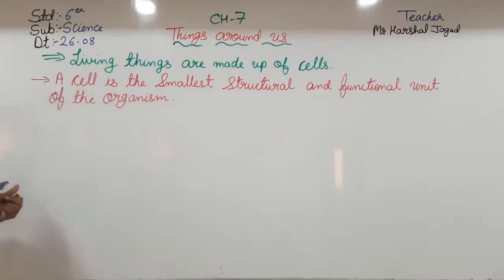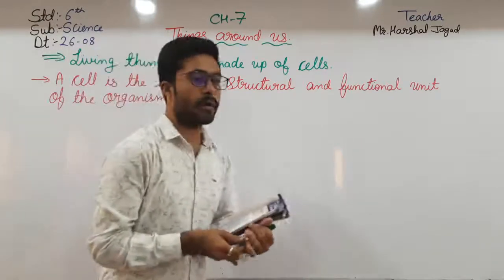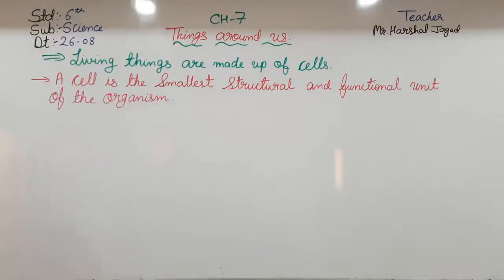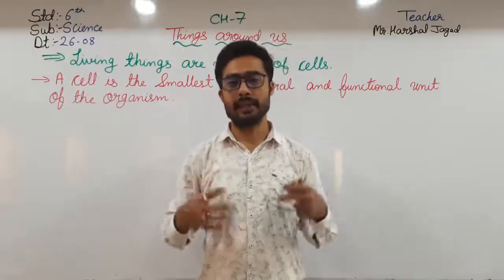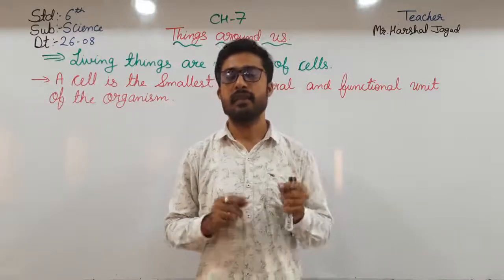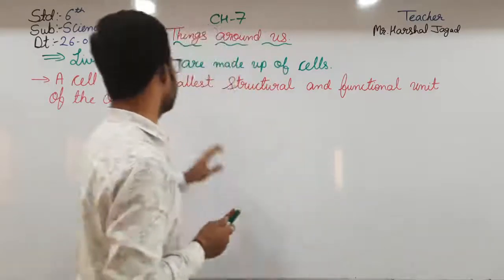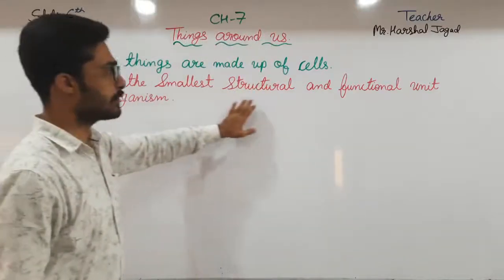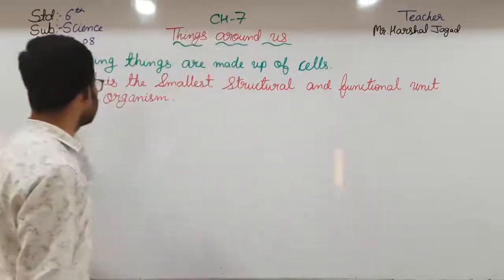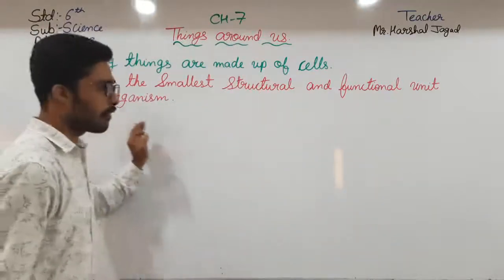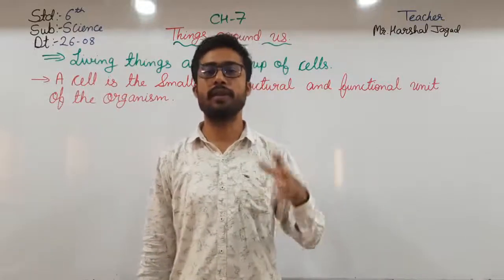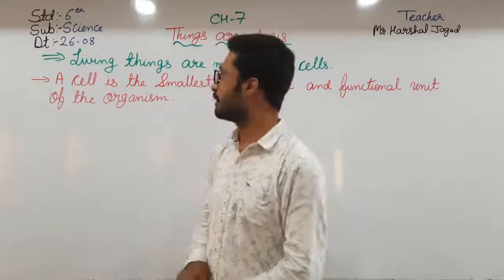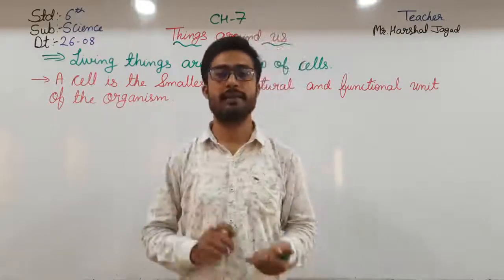Okay, so talking about the cell, what is the cell first of all? Before that, living things are made up of cells. So what is a cell? Here it is said that a cell is the smallest structural and functional unit of the organism. It means the smallest functional or structural unit of the living organism is the cell. Okay students, that is the cell.